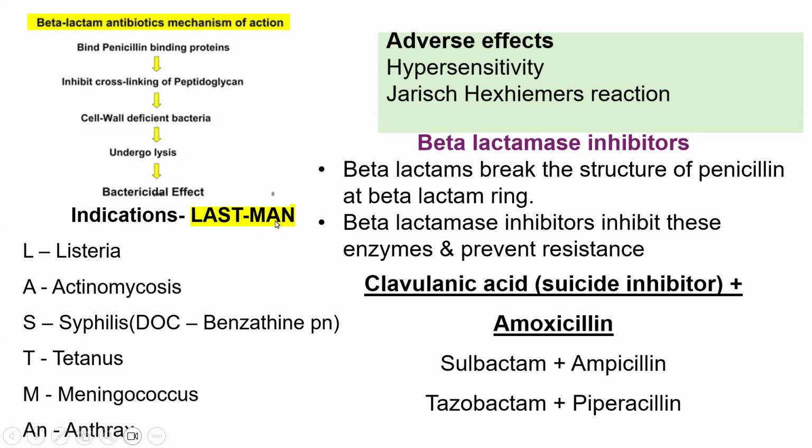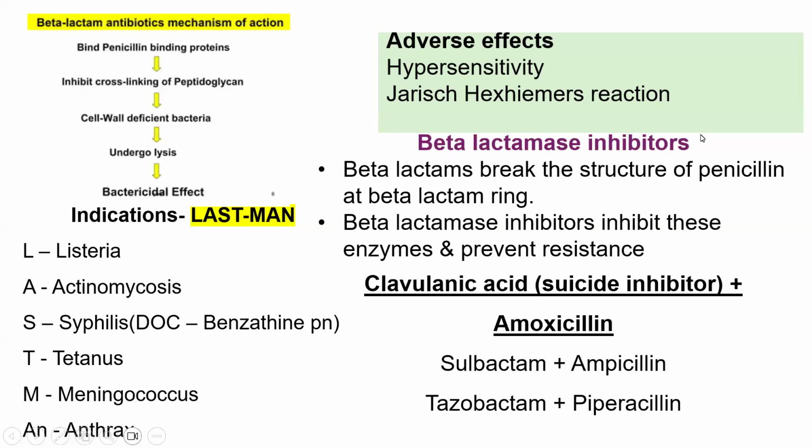So indications, remember with LOST MAN. And coming to adverse effects, you have to remember hypersensitivity reaction and Jarisch-Herxheimer reaction, which is, if you use penicillin in a syphilitic patient, an initial acute reaction occurs which causes fever and chills. That is called the Jarisch-Herxheimer reaction. So remember these two main adverse effects for penicillin and LOST MAN for uses.